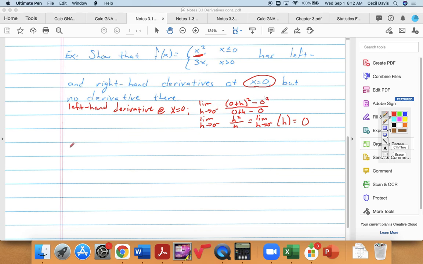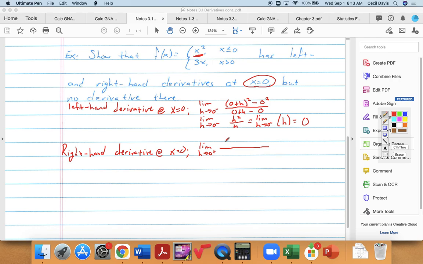Well, now let's do the right-hand derivative at x equals 0. So that'll be the limit as h goes to 0 from the right of, if we're doing the part that comes from the right, which of these two branches are we going to want to use?